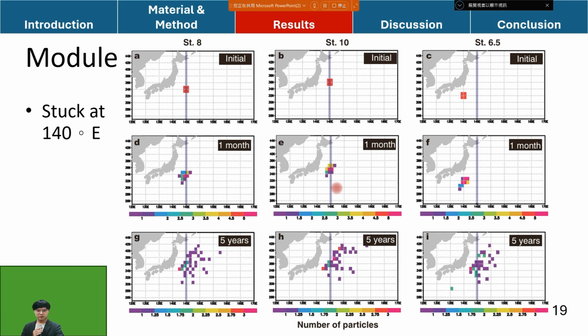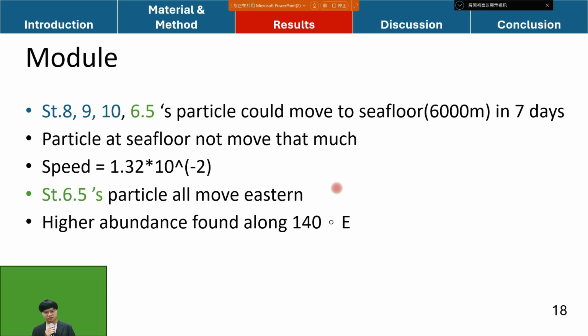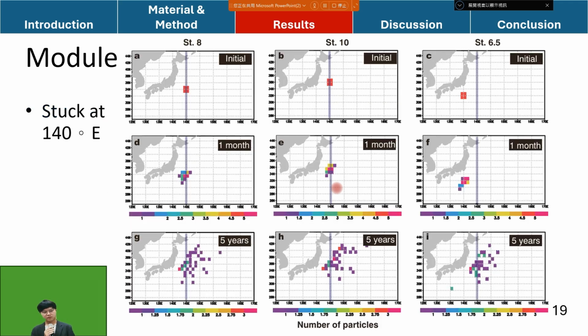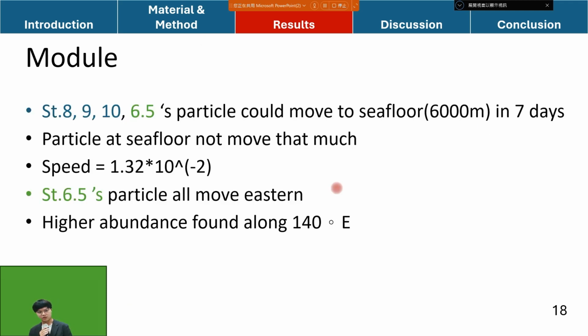I don't actually know where stations 6, 9, 10 are. It would be good if you can somehow combine the discussion with the model results instead of putting them on separate slides. Well, this is not the discussion. I mean results. Okay, results.